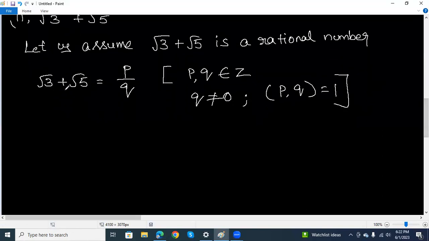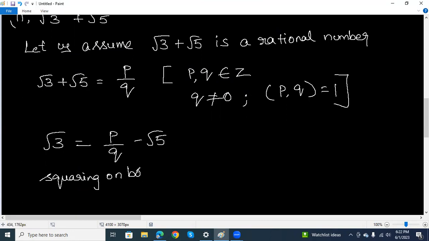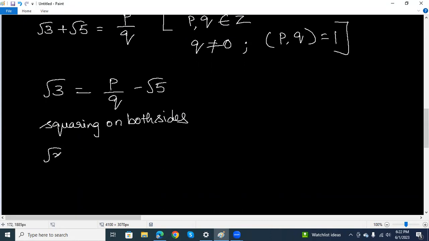Isolate any one of the irrational numbers. Root 3 I isolated, transposing this root 5 to the other side. Here plus root 5 will become minus root 5. Now let's do the squaring on both sides. What do we get? Root 3 whole square is equal to P by Q minus root 5 whole square.